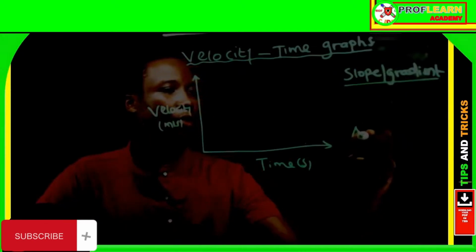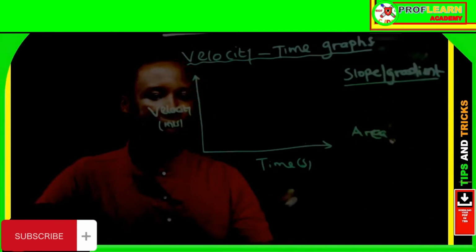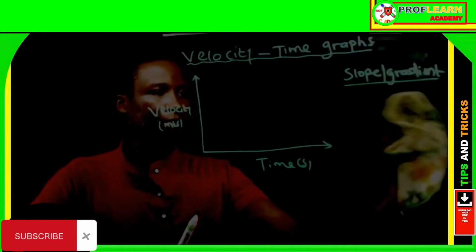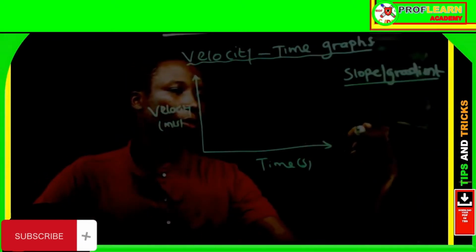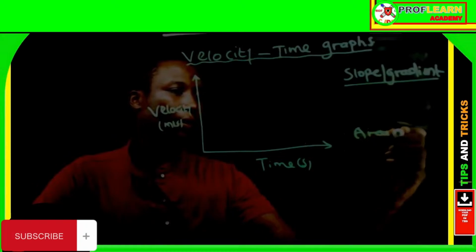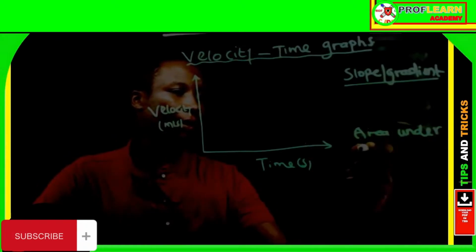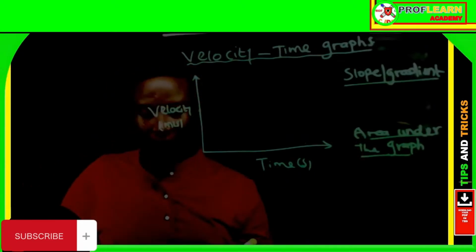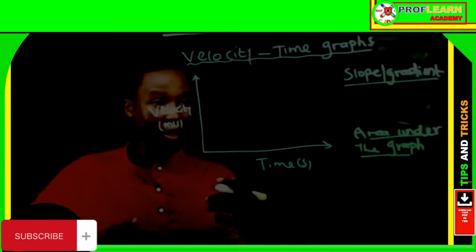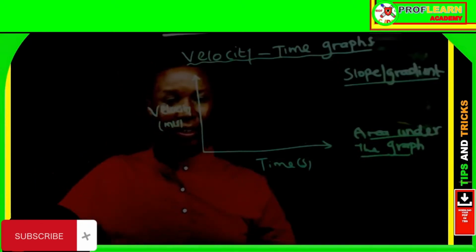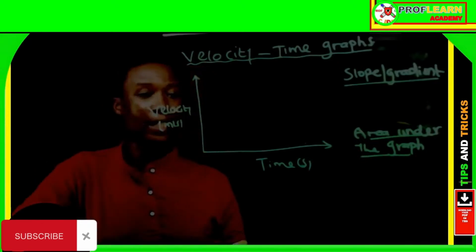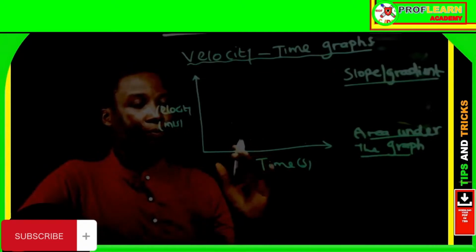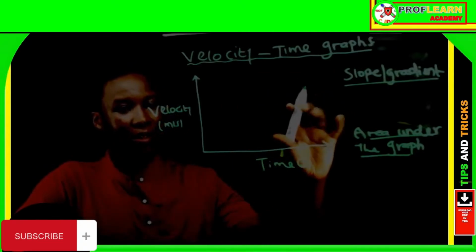And also we're going to look at the area under the graph of a velocity time graph.